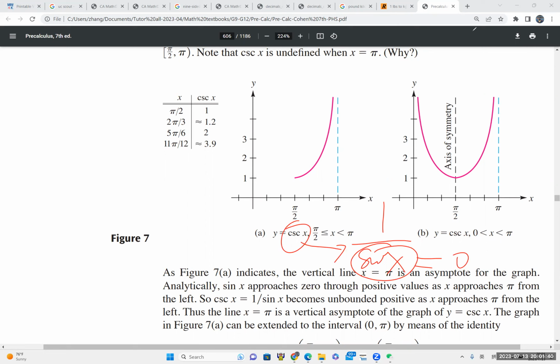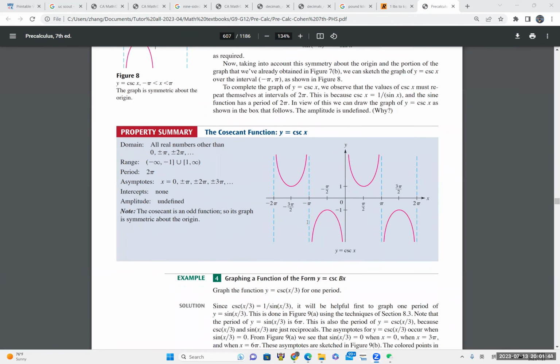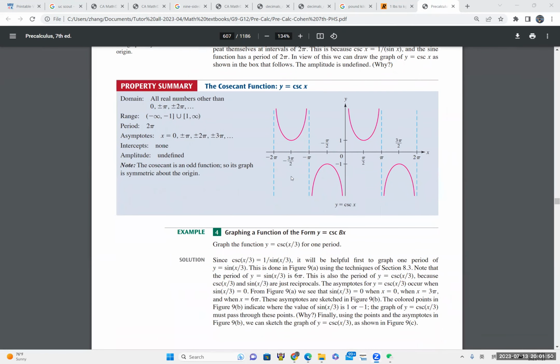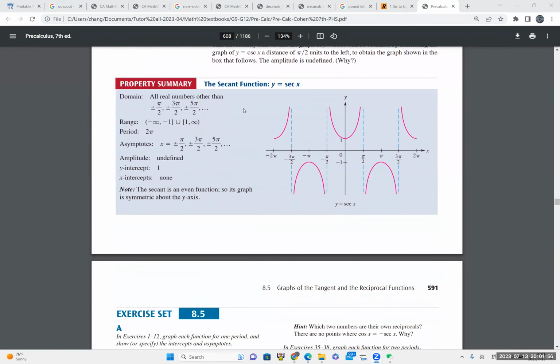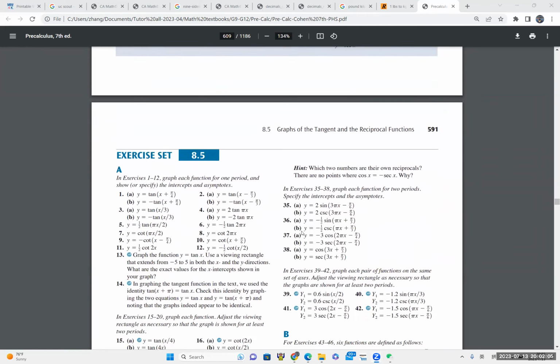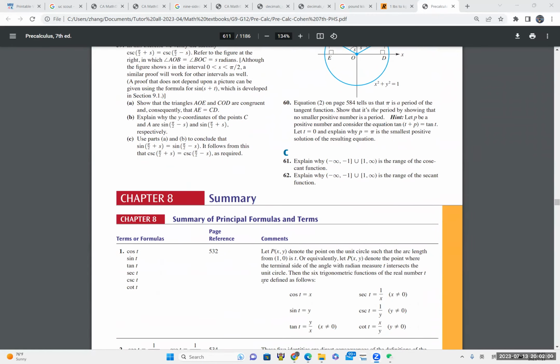You must exclude some places. Okay, so let's quickly finish this. Then for secant, similar: it's 1 over cosine, so cosine cannot be 0. Okay, I suppose that's all for this chapter.